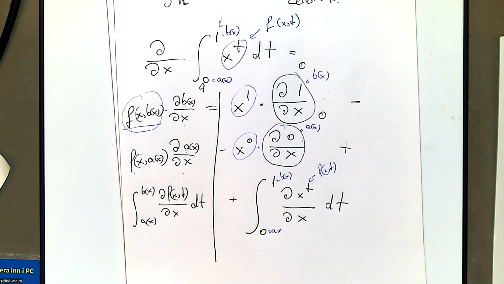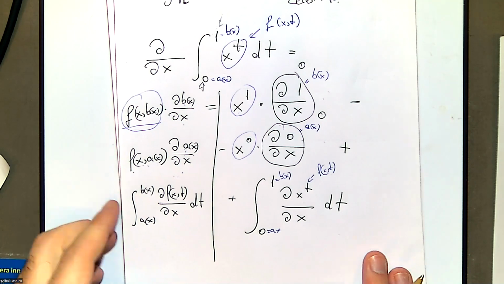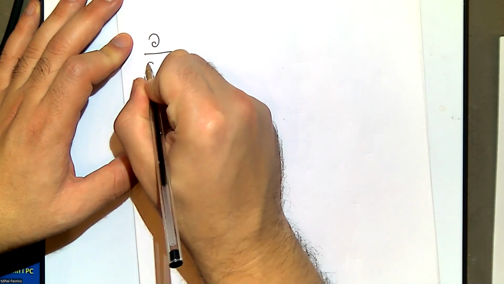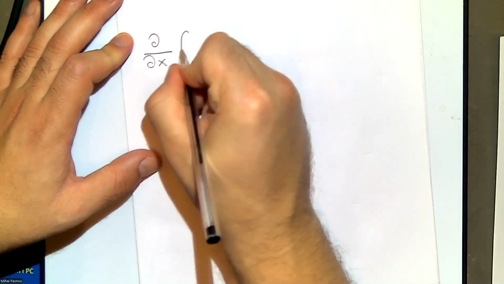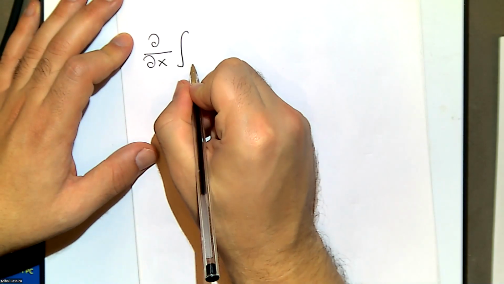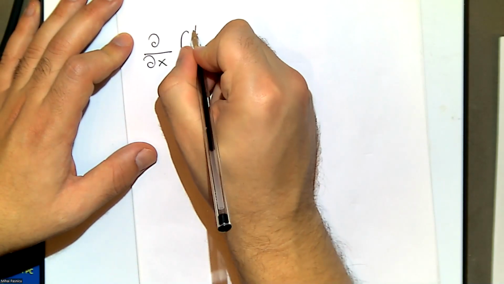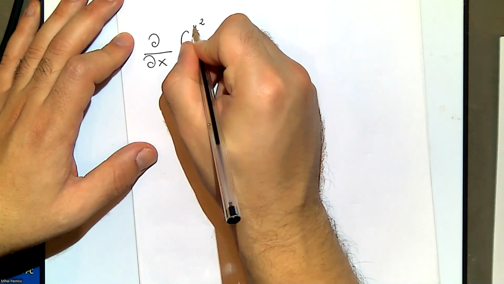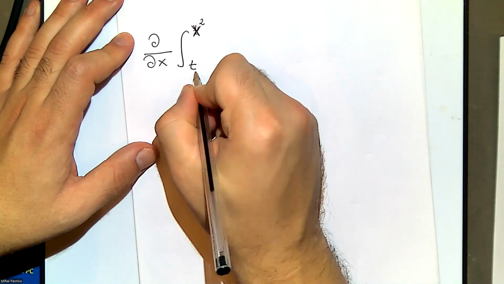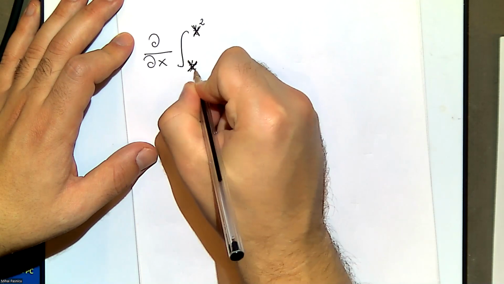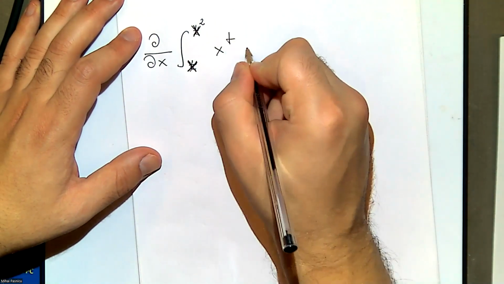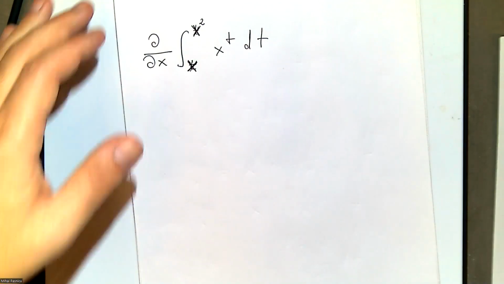Now, let's try a little bit more complicated example by saying the derivative d/dx of the integral from x to x squared of the same thing, just because we're kind of used to it by now.